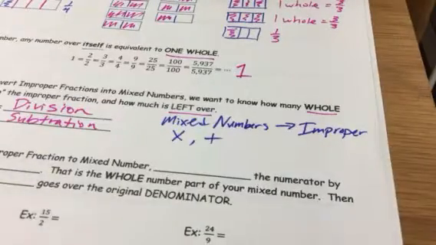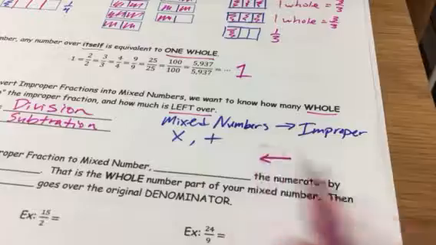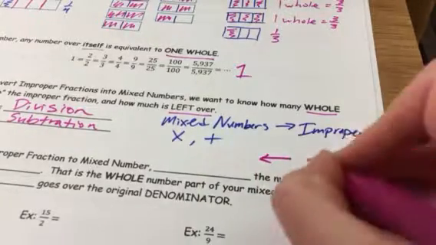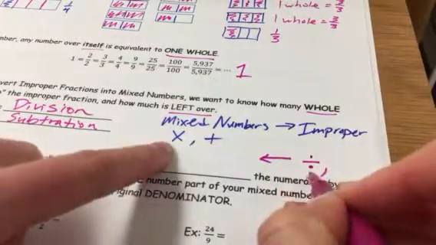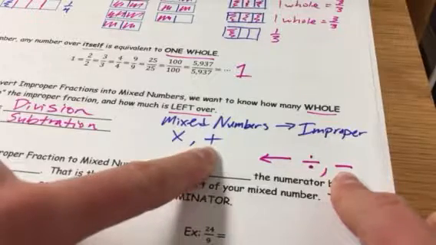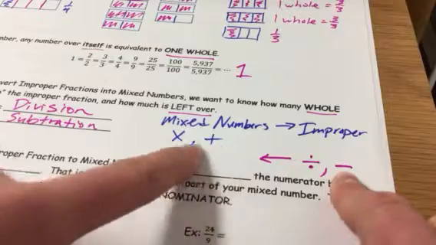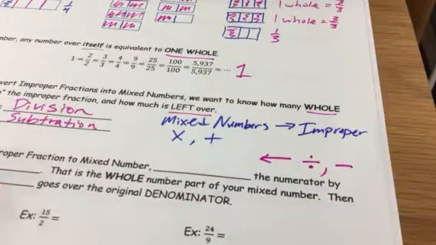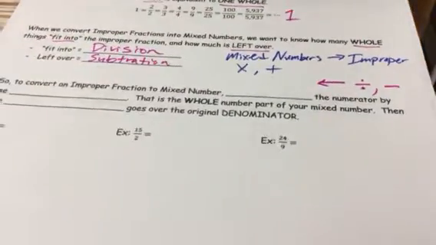Well, if I'm going in the opposite direction now, so if I'm going from improper fractions to mixed numbers, it only makes sense that I do the opposite, that I divide, because division is the opposite of multiplication, and then subtract, because subtraction is the opposite of addition. So if you're going in the reverse direction, you have to use the reverse or opposite or inverse operation. So here's our shortcut.